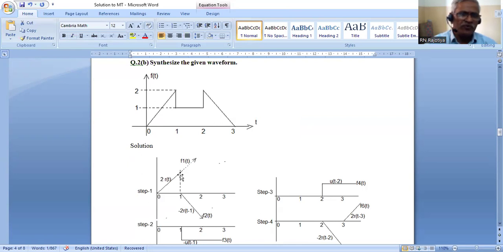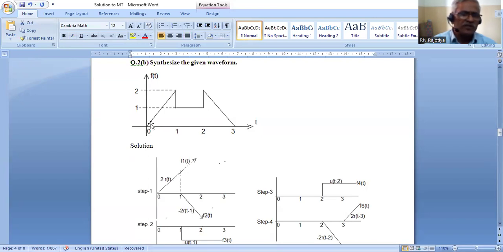For example, before we go to the solution, as you can see, this particular signal, a rising ramp, is supposed to continue infinitely, but it is stopped at t equal to 1, where the value is 2.